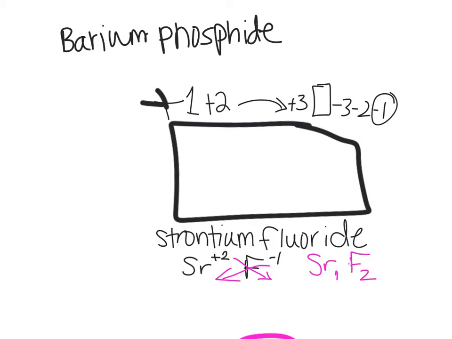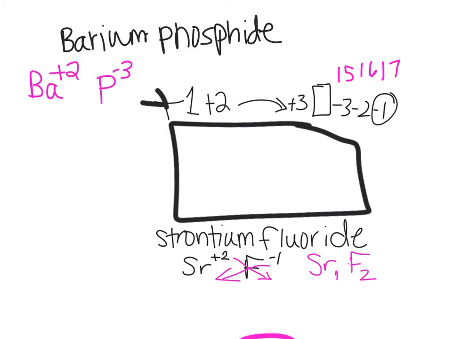It's in group 2, so what's the charge on barium? +2. Phosphorus is in group 15. Be careful with this one. It's -3, right? This is group 17, this is group 16, this is group 15 right here. So it's a -3 charge.